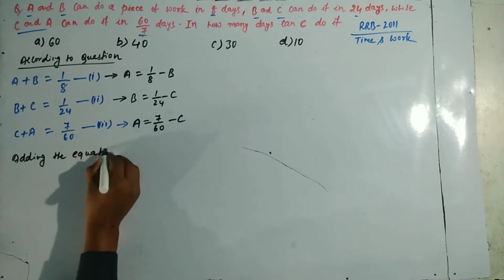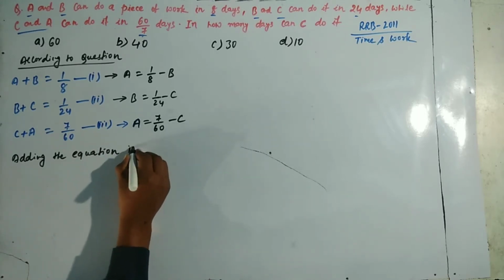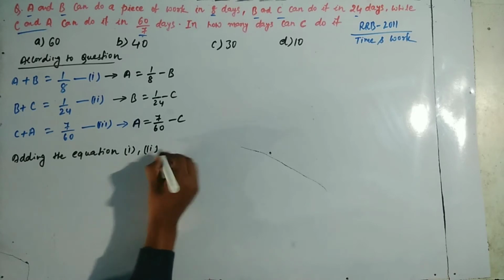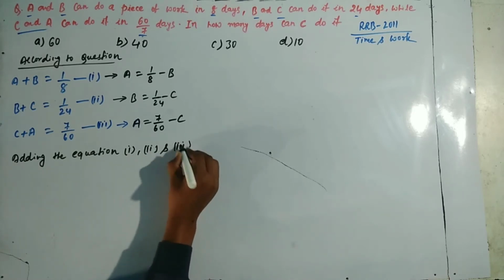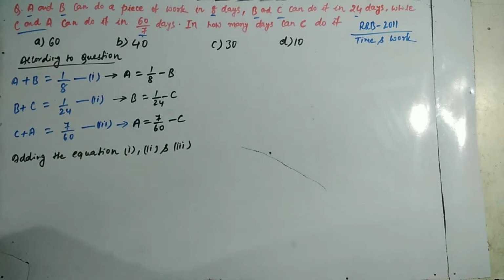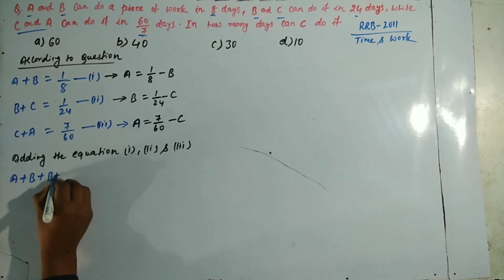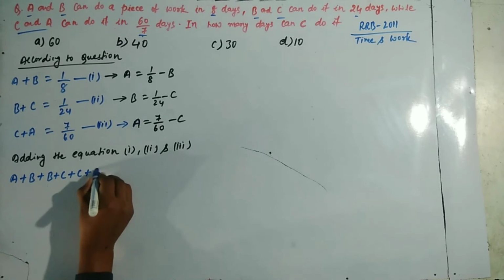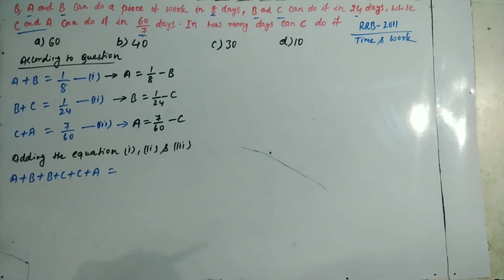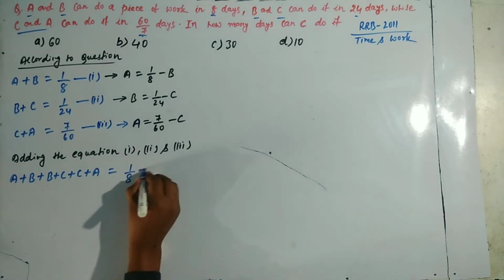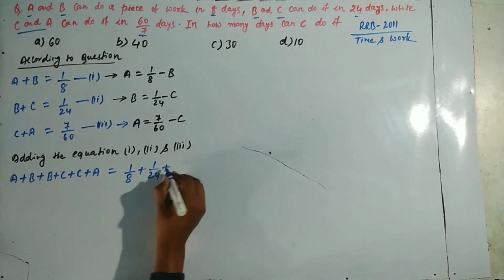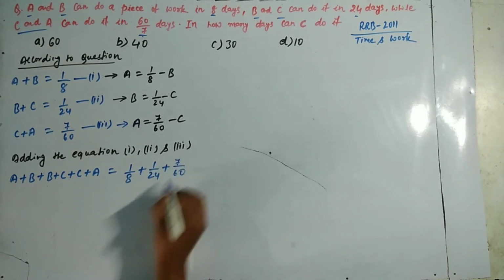Now add equations 1, 2 and 3 to find the value of C. Adding them, A plus B plus B plus C plus C plus A equals 1 by 8 plus 1 by 24 plus 7 by 60.